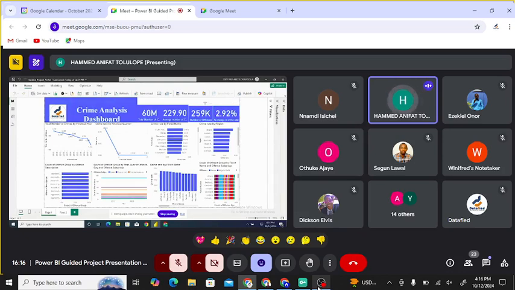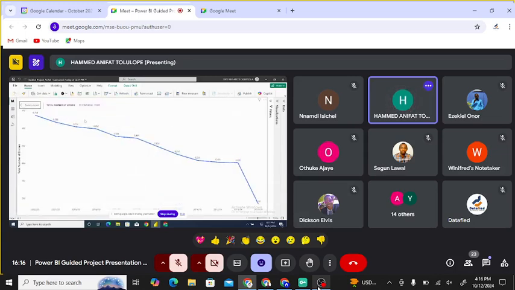So my questions: how has the total number of recorded crimes changed over financial year? For this, I used line charts to visualize my total number of crime by financial year.